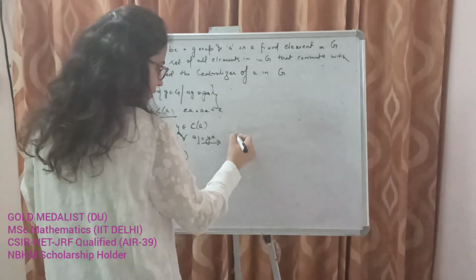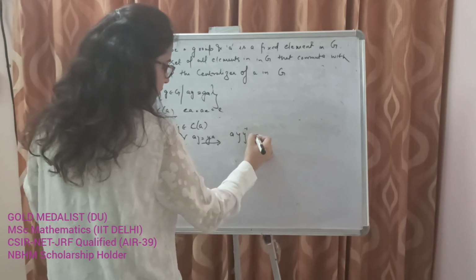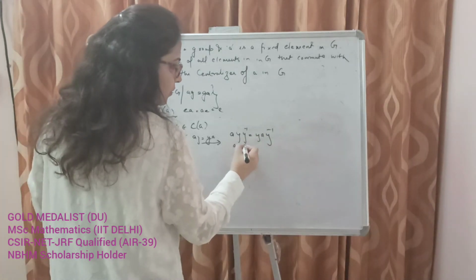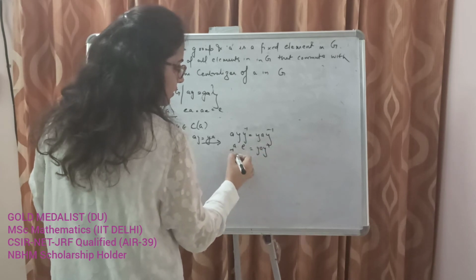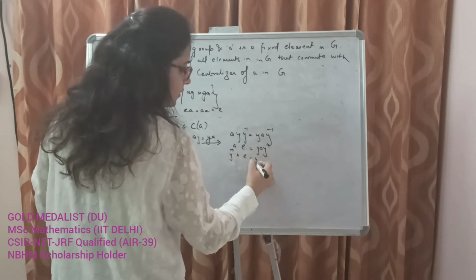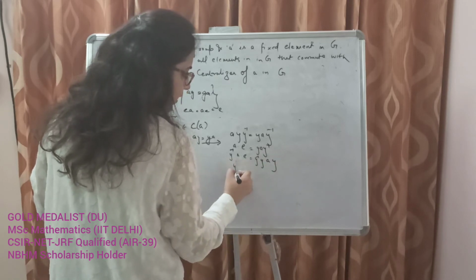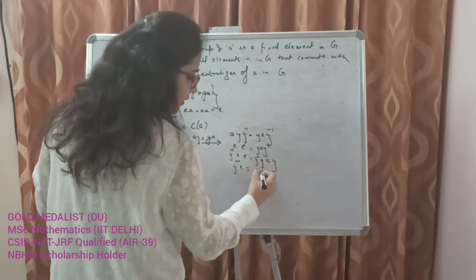A into Y inverse is equal to Y inverse, A into E is Y inverse, left multiplied by Y inverse. This is Y inverse A is equal to AY.